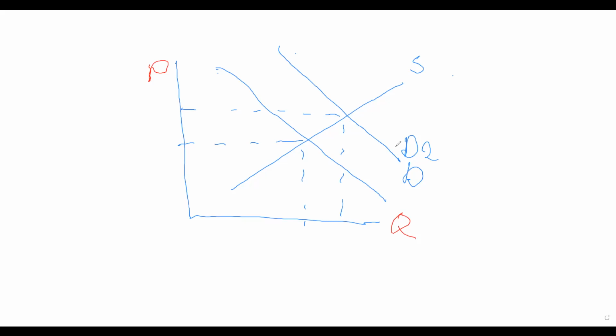The result will be that, let's just graph our new supply curve, which will be something like this one. And if we look at the intersection of the new supply and demand curves, there will be a very small change, or it is even possible that there will be no change in the equilibrium quantity, but at the same time, the equilibrium price will go even higher.